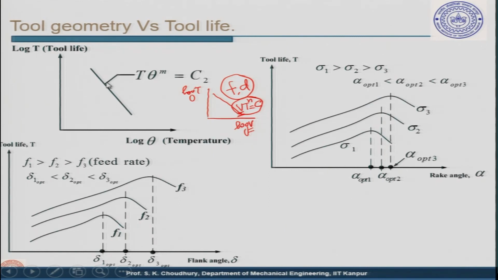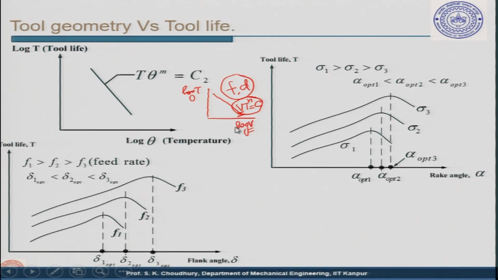It can be described by the equation T theta to the power m equals C 2. Of course, this C 2 is different from the constant C in Taylor's tool life equation, and this m is different from the n in Taylor's equation. T is the tool life.